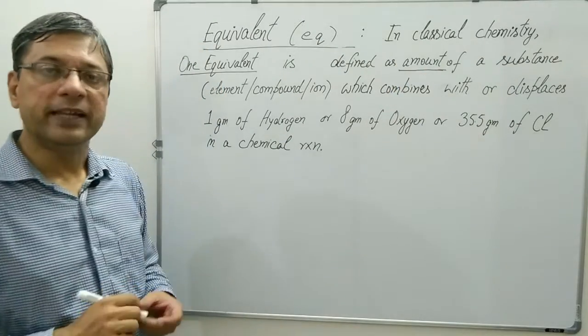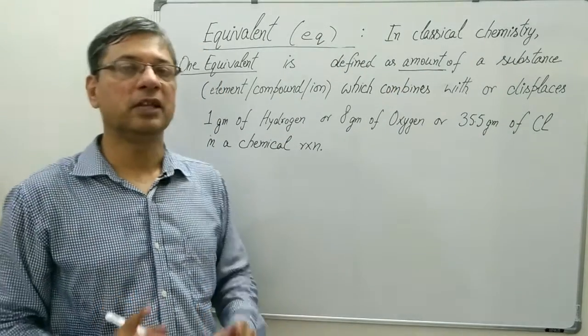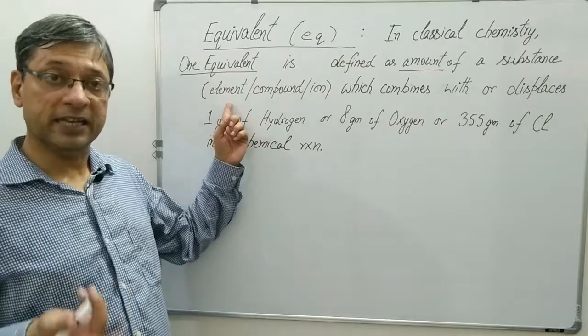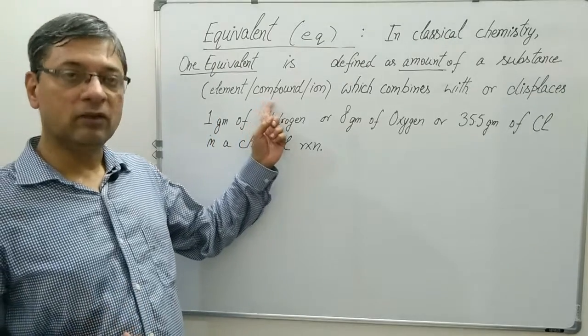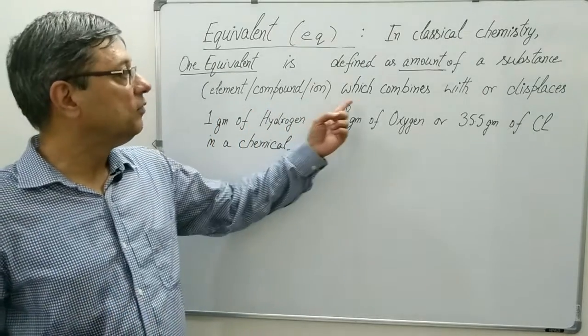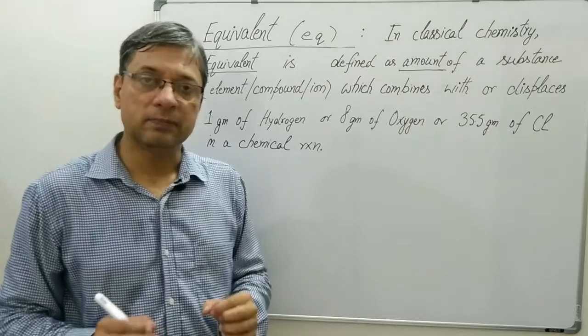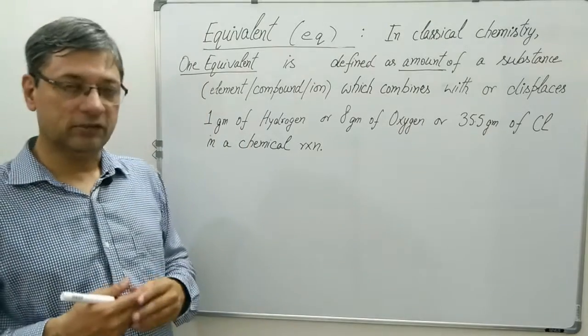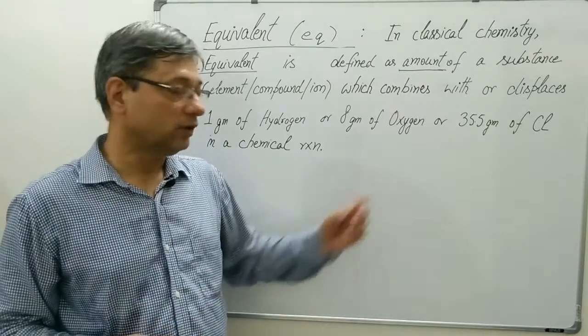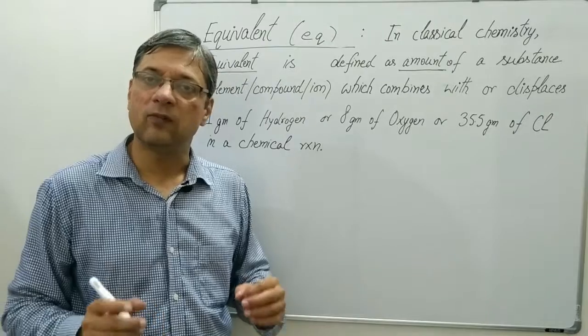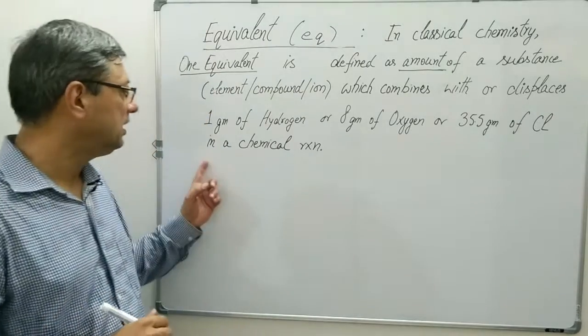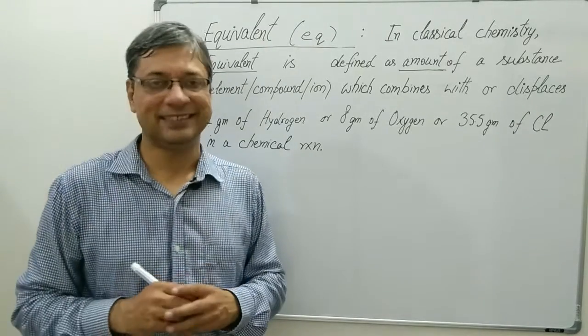So one equivalent is amount of a given substance, that can be an element or a compound or an ion, which combines with or displaces 1 gram of hydrogen or 8 grams of oxygen or 35.5 grams of chlorine in a chemical reaction.